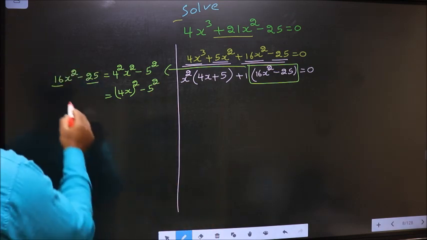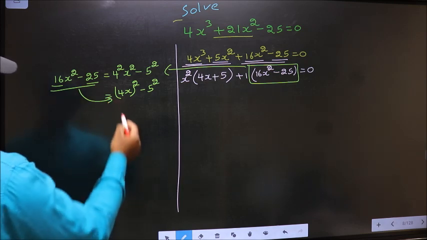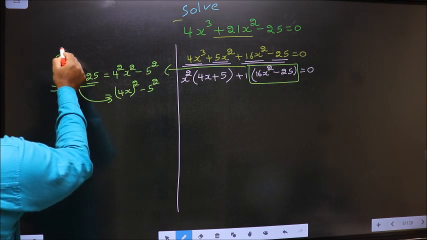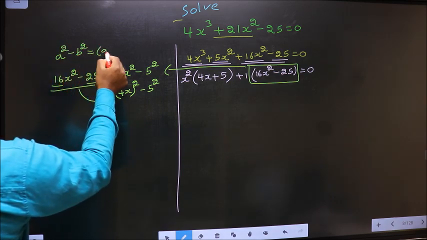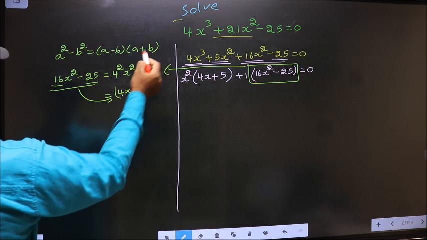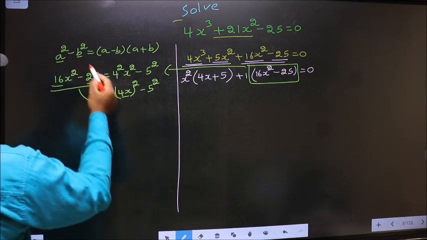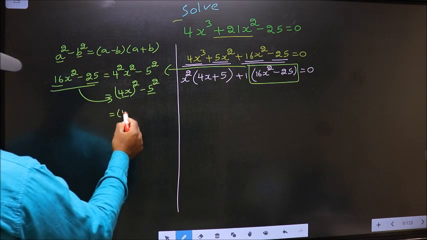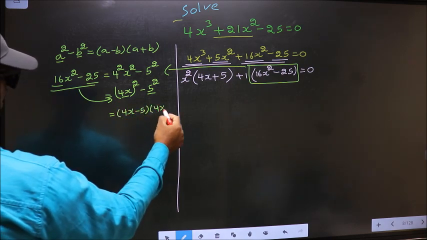The reason for changing to this form is that we can now apply the formula a² - b² = (a - b)(a + b). In place of a we have 4x, in place of b, 5. So this will become (4x - 5)(4x + 5).